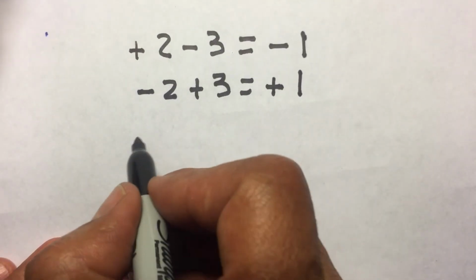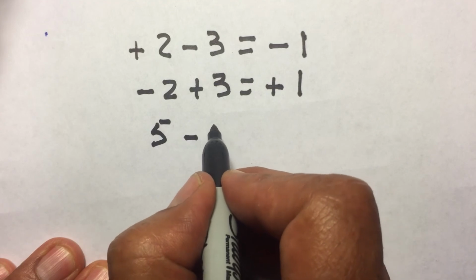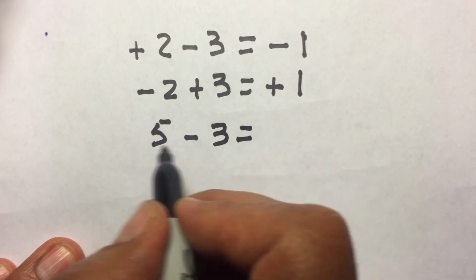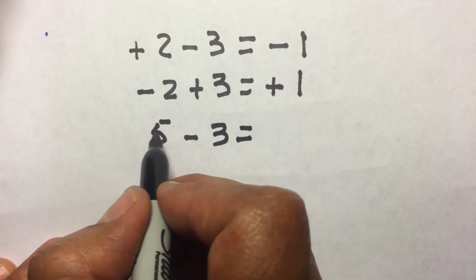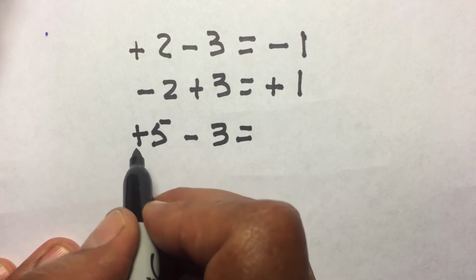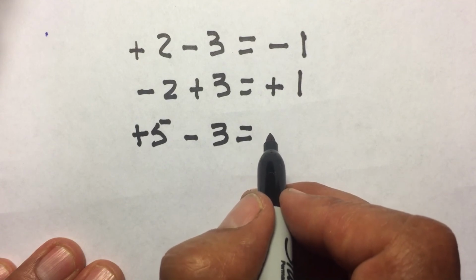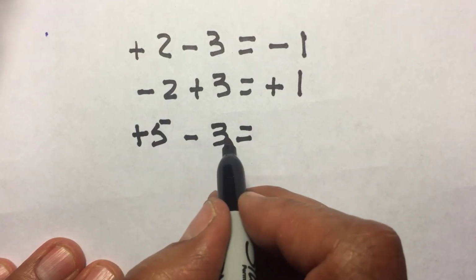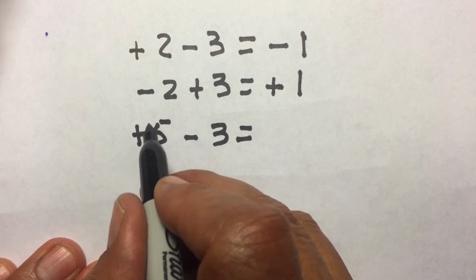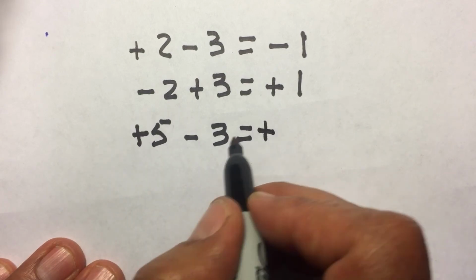Let's do another example. 5 minus 3. When we don't put a sign in front of a number, that implies that the sign is plus. The result will have the sign of the larger number. 5 is larger than 3. So we use the positive sign, plus.